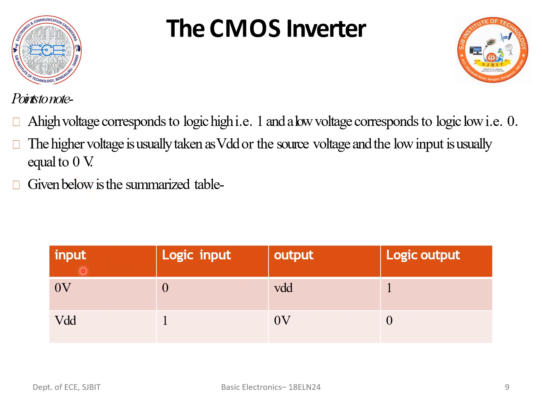When you look into this table, 0 volt is the input and the output across the CMOS inverter is VDD, that is, logic output 1. Similarly, when the input is VDD, the logic input is 1 and the output across the CMOS inverter is 0 volt, that is, logic output 0.